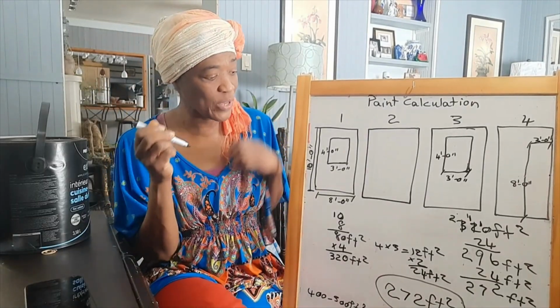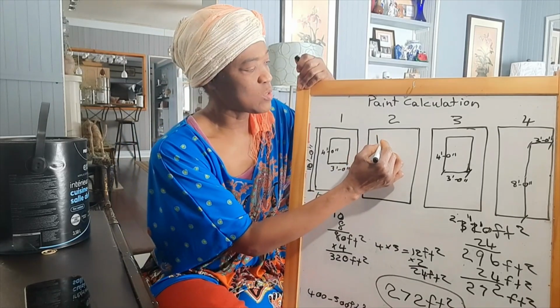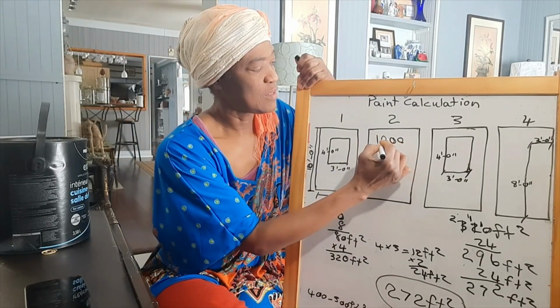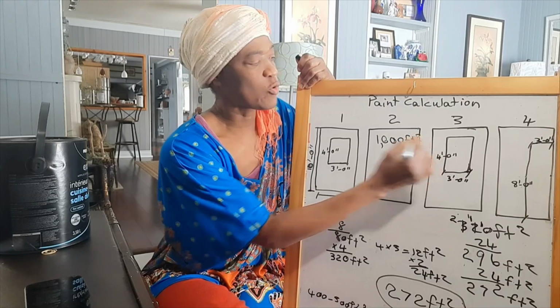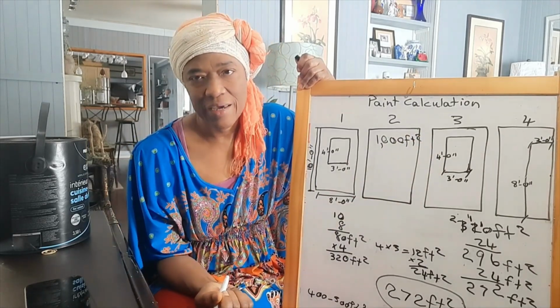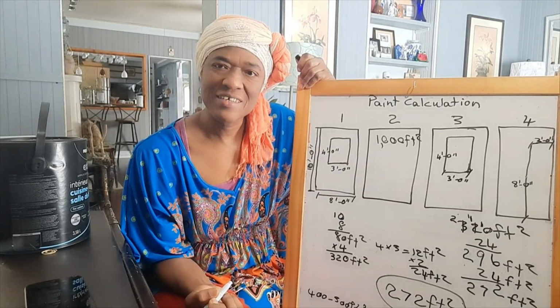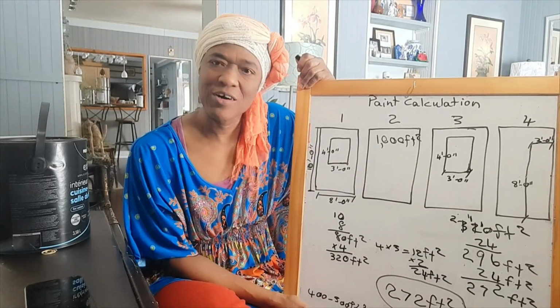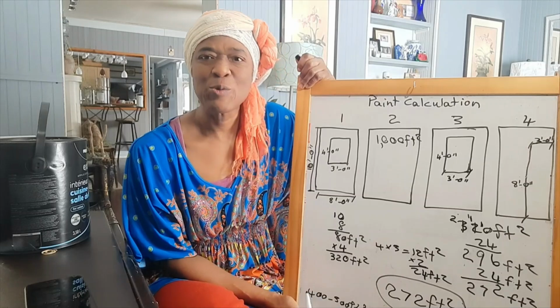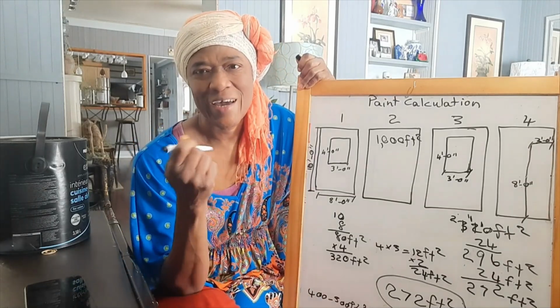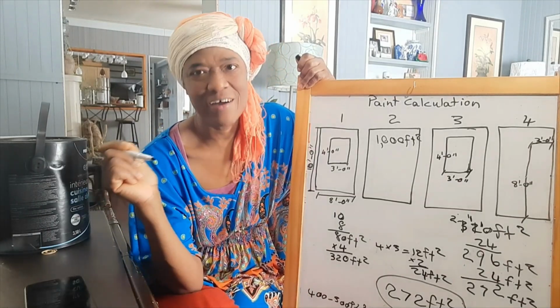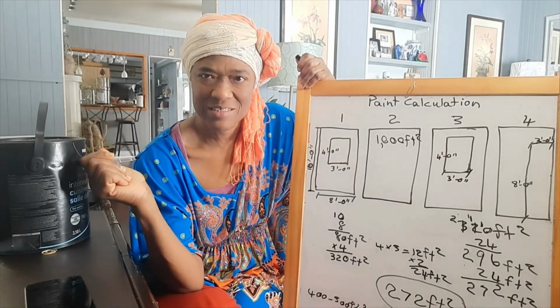For example, if we had 1,000 feet squared, what we'll do is divide our 1000 by our 500 feet squared here. So we would need 2 cans of this coverage paint.